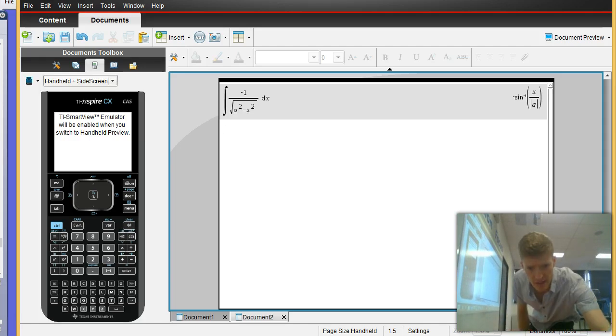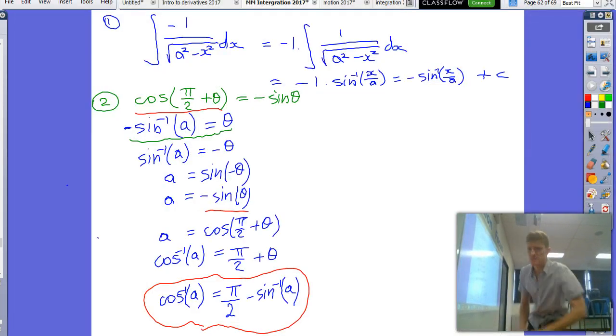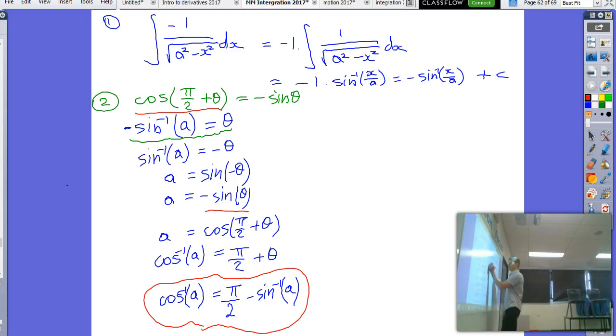Negative inverse sine, that is. Well, it does relate according to this relationship between our inverse cos and our negative inverse sine. So, an important thing what CAS does has to do with how it treats constants upon integration.